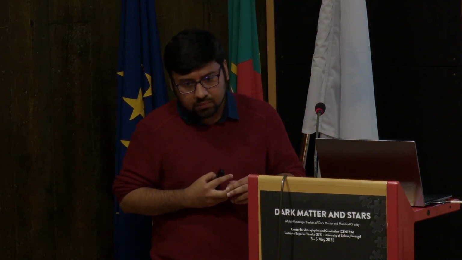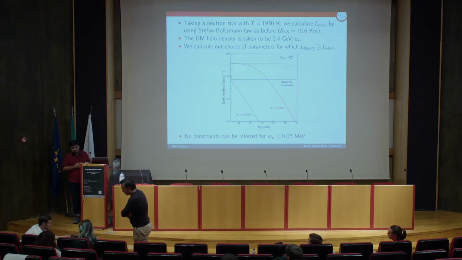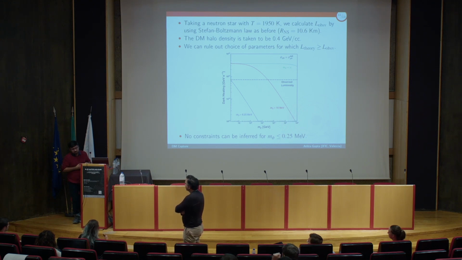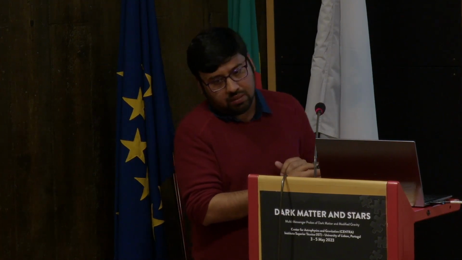How much would you say your modifications to the accumulation rate versus previous work change the estimates in the end? In this scenario? Sure. That would depend, of course, on the mass of the mediator.